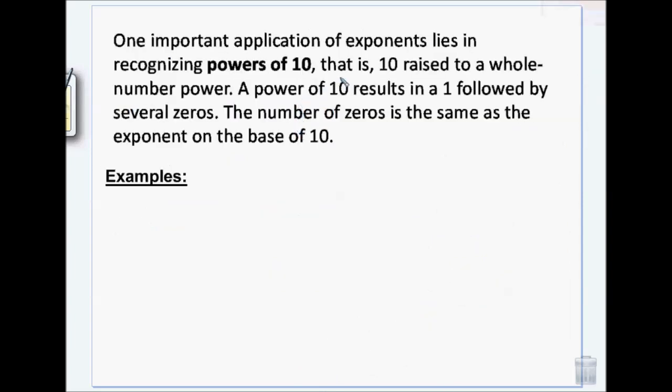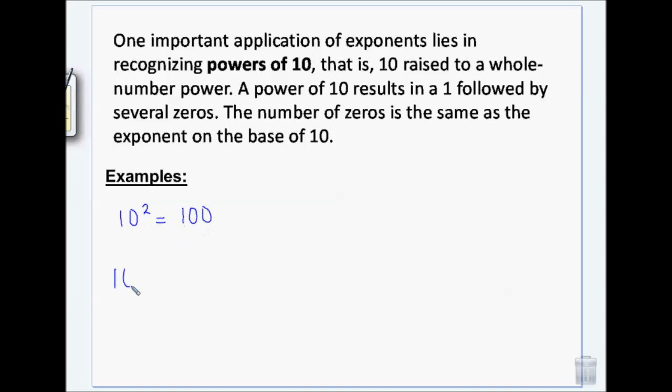We have powers of 10, and that is 10 raised to a power. And that gives us a 1 followed by however many zeros are in our exponent. So if I say 10 squared, that's 10 times 10, that's 100, right? 2 zeros.